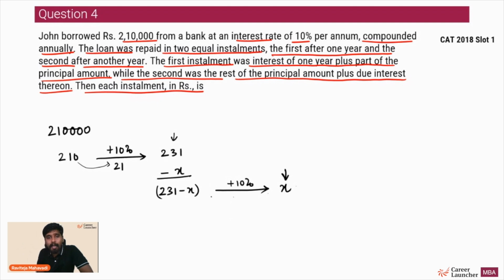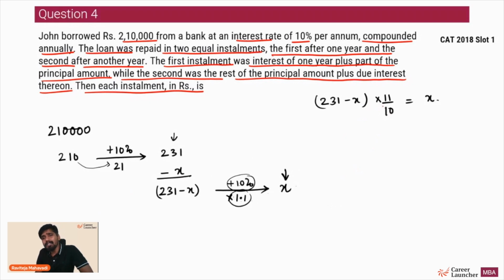So 231 minus x into 1.1, because the growth rate is 10%, should be equal to x. Or you can write it like this: 231 minus x into 11 by 10 should be equal to x. Because the growth rate is 10%, it will get multiplied by 1.1. I don't like decimals, as I told you.